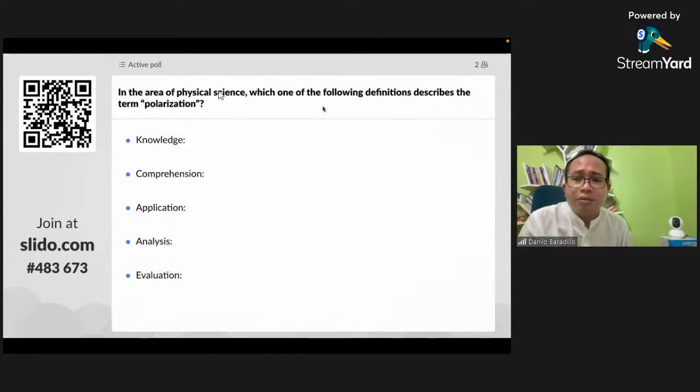So, there are already two who are into Slido. I want you to answer these. The general question is, which component of Bloom's taxonomy is addressed by this stem?